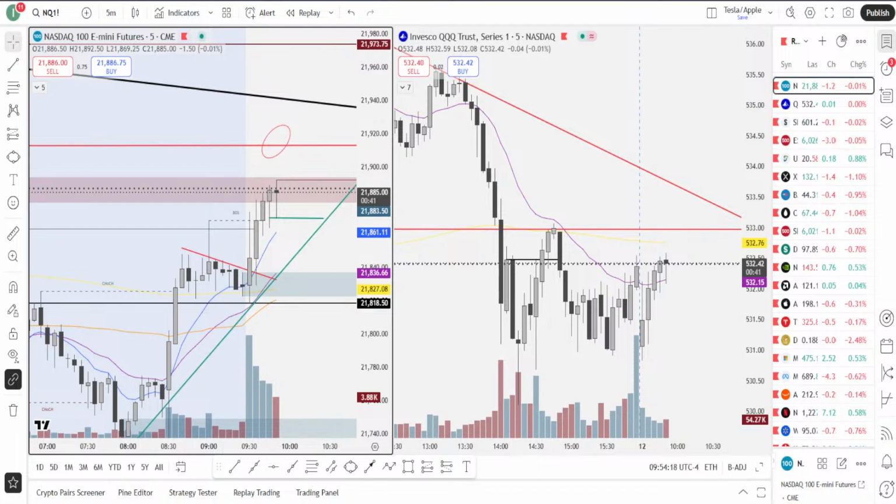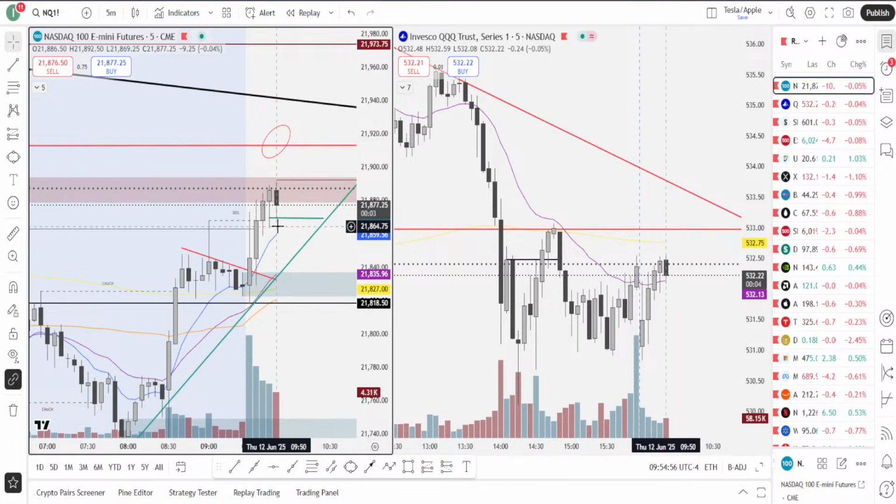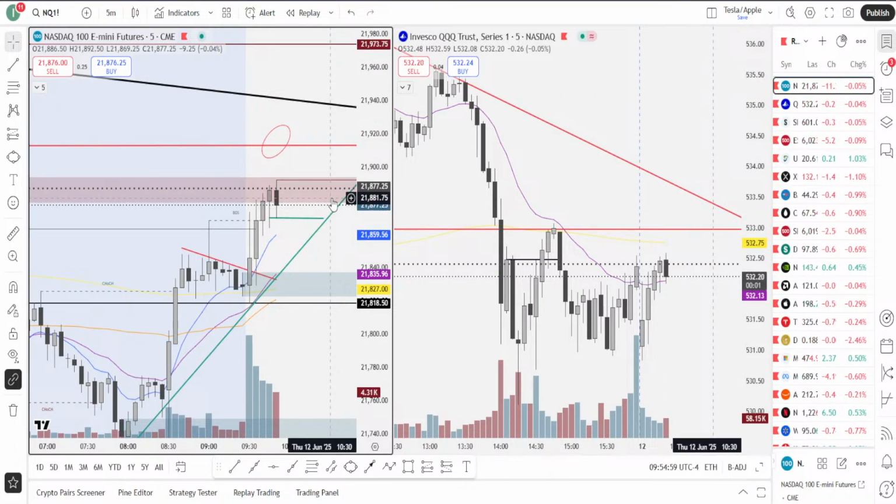Come on, get it. Man, they're struggling in there. Come on, get it. Uh-oh. It's not looking good. Sellers are saying we still got this. But like I said, until they close below this previous candle, they're not in control yet.